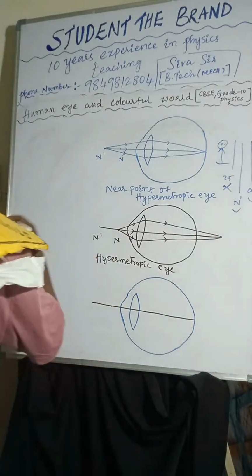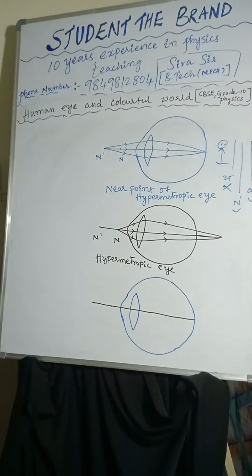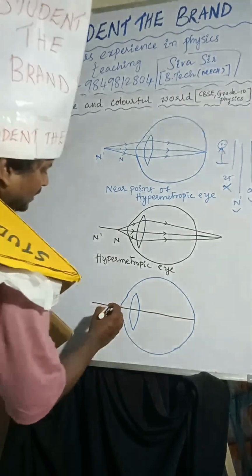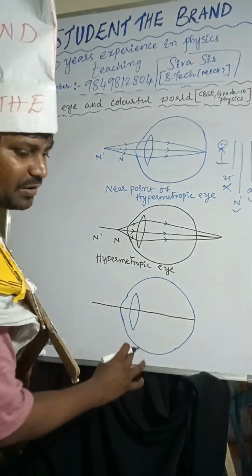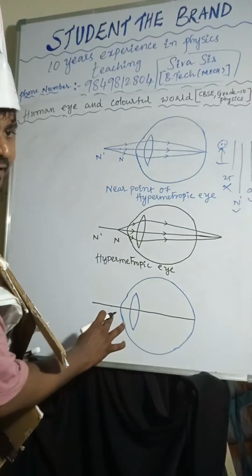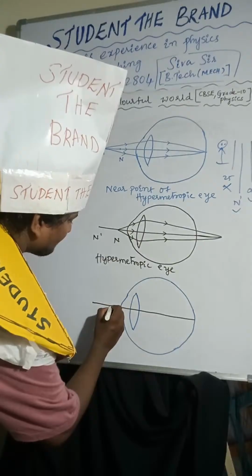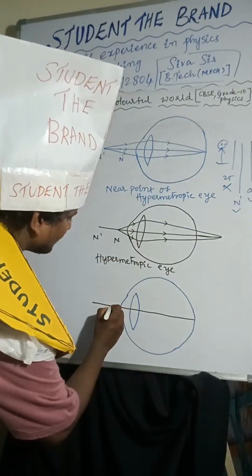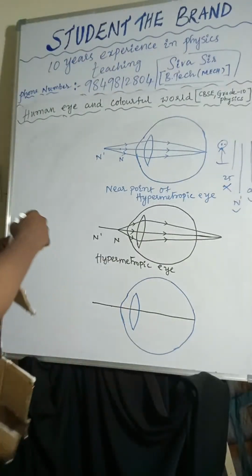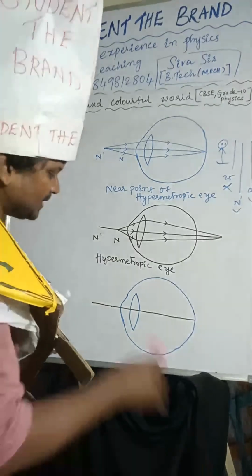Here I am considering hypermetropia. If the light rays are coming from this point, how will it be? You can see. Which lens are we using? Convex lens. We have to draw the convex lens.